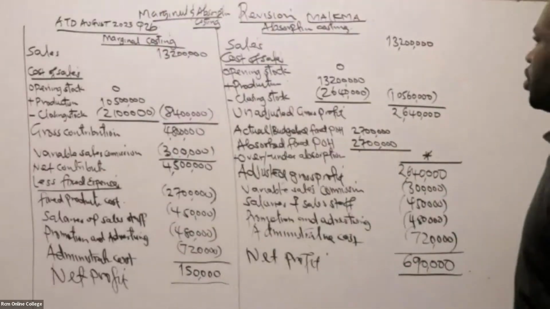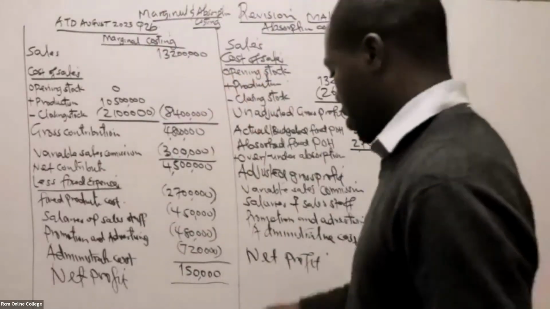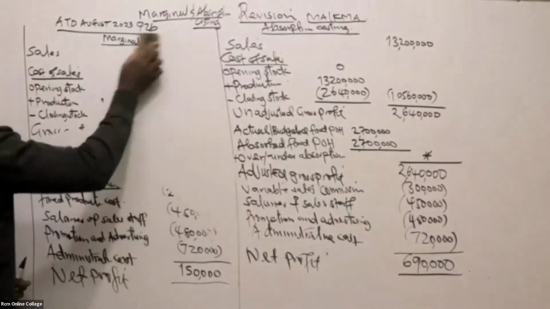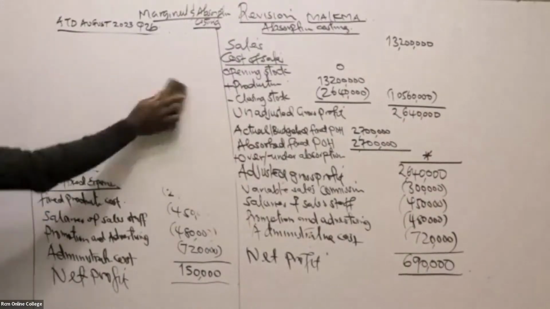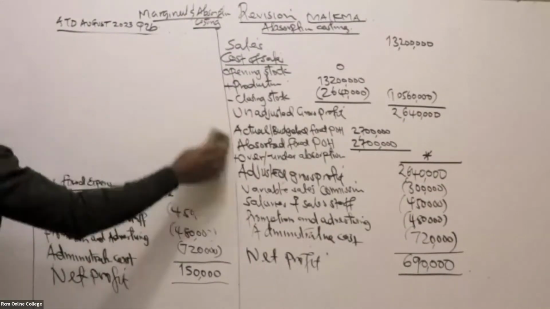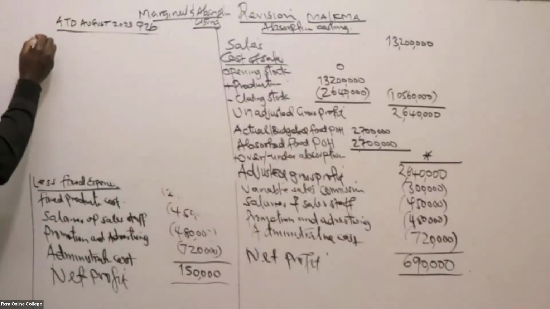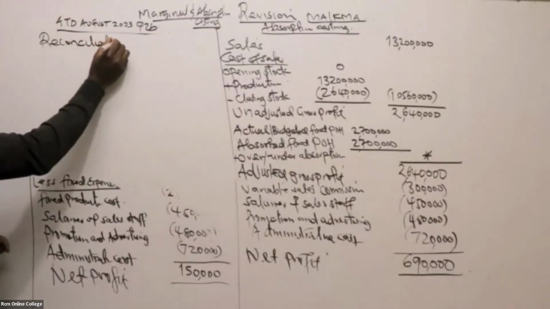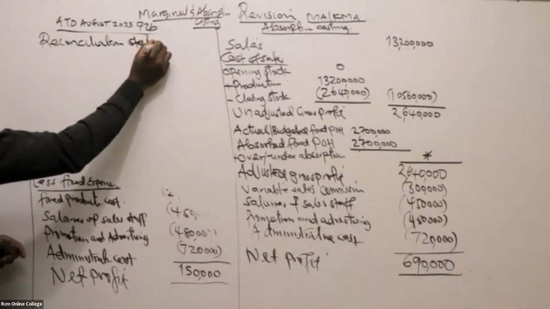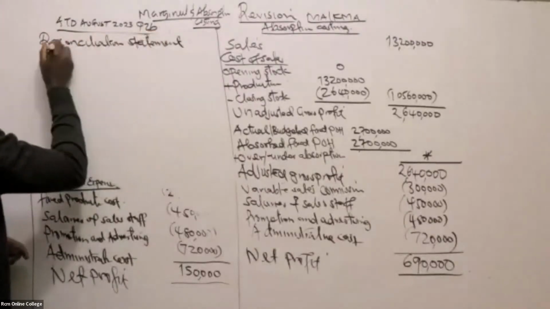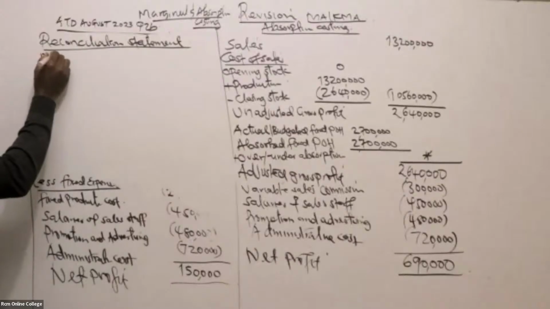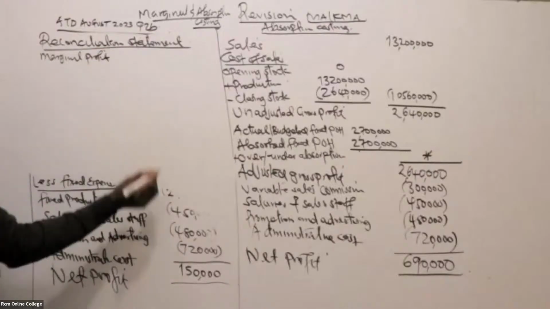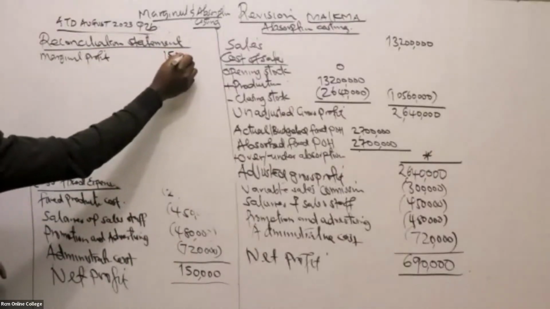Good. So which one should I remove? I can do away with this part as we reconcile. Reconciliation statement. So marginal profit, or profit as per marginal costing, is 150,000.